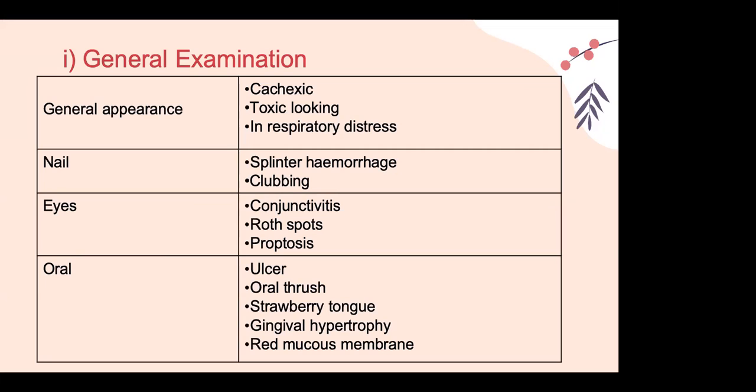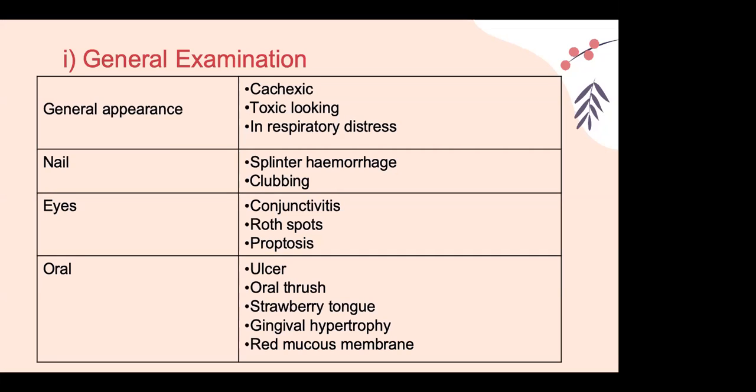And then for the nails, look for splinter hemorrhage for IE, and then clubbing, which can be due to congenital heart defect, because congenital heart defect is a risk to develop IE. For the eyes, conjunctivitis such as in Kawasaki, Roth spots in IE, proptosis in orbital infection.